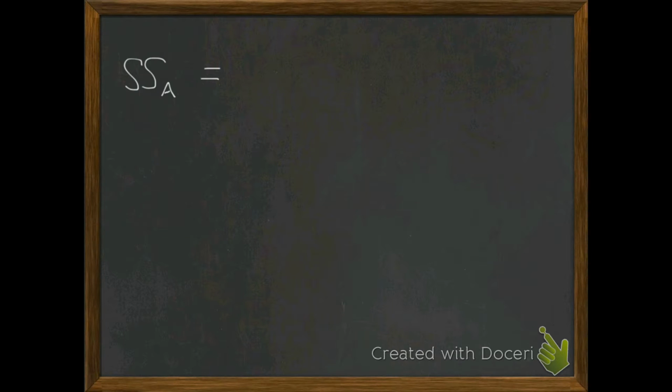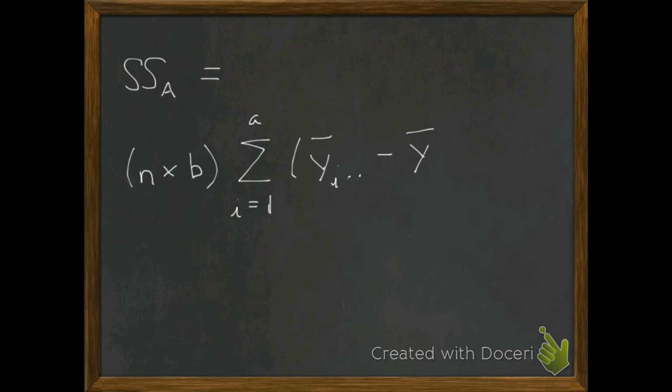Let's see what the sum of squares for the factor A looks like. Well, first of all, we're going to take the cell count times the factors of B. We're going to run this from 1 to A. And we're going to have this expression.